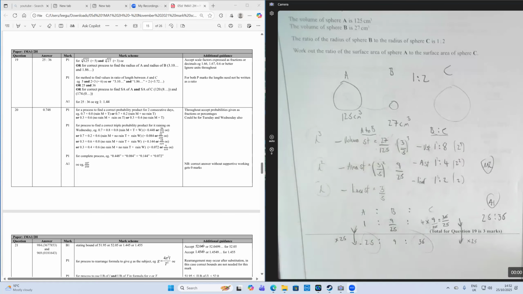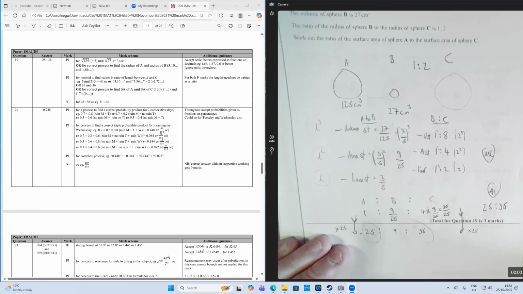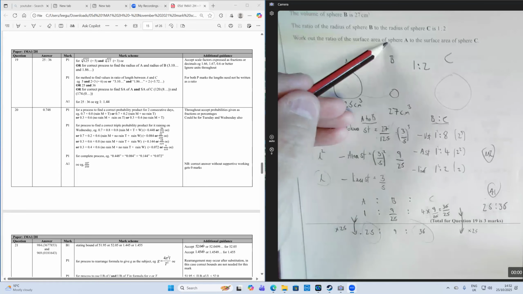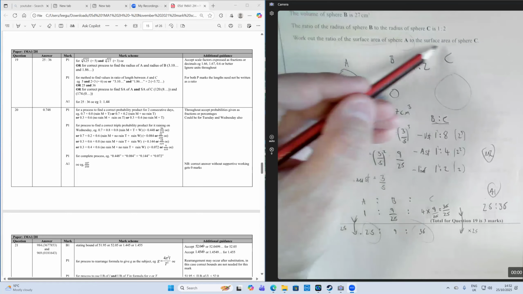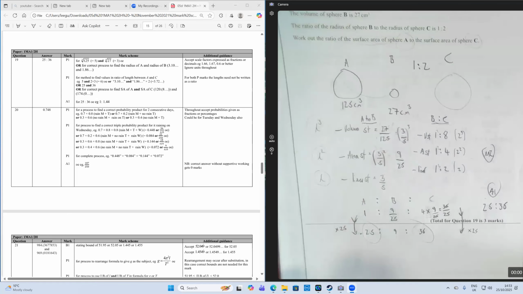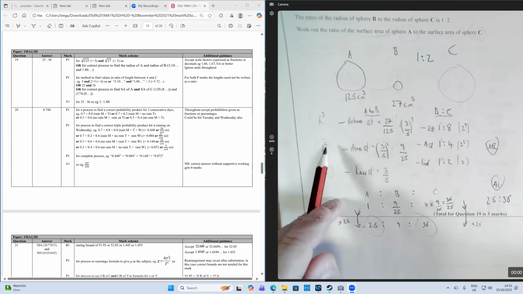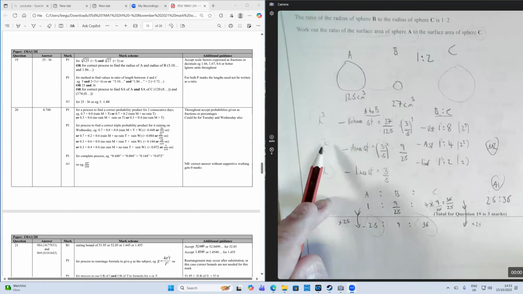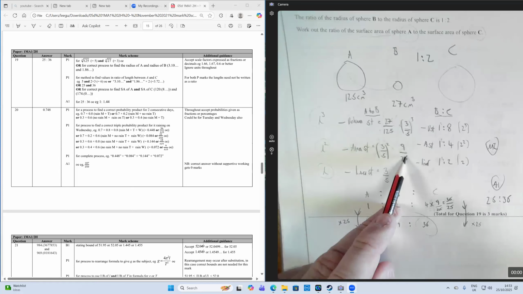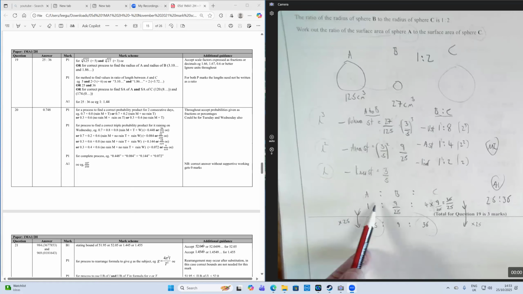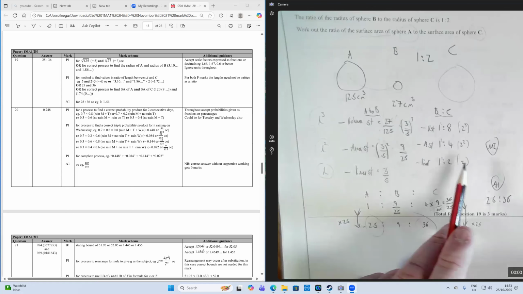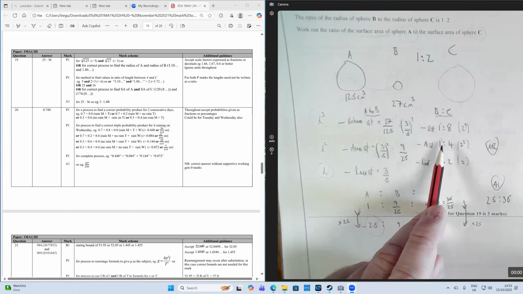We can now bring these pieces of information together to work out the area scale factor that connects A and C. First, the area scale factor to go from A to B, if A is 1, is 1 to 9 over 25. Our area scale factor to go from B to C is 1 to 4.